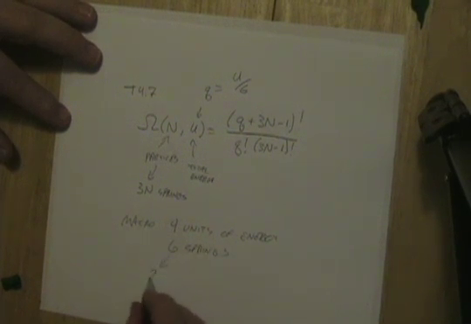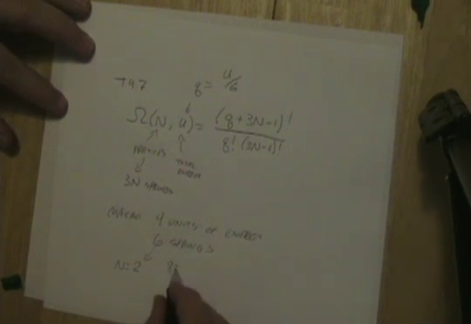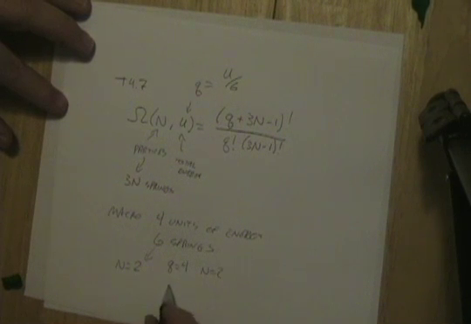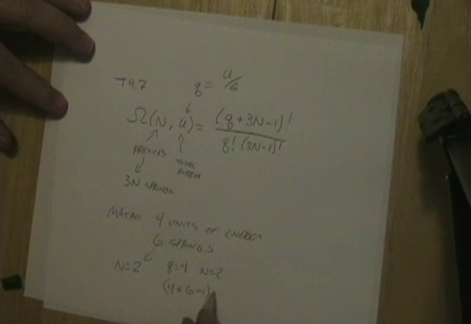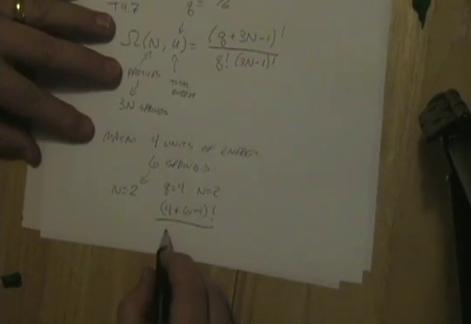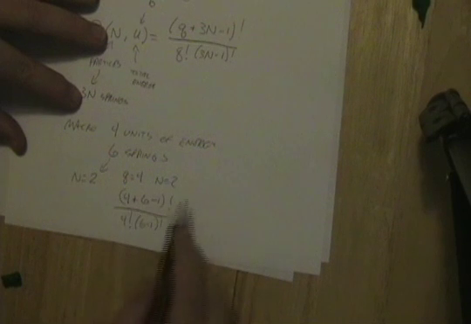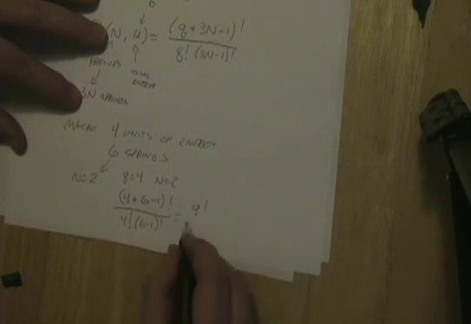Well, 6 springs we know is 2 particles, so we would have Q equals 4, n equals 2. So we would have 4 plus 3 times n is 6, minus 1 quantity factorial over, I don't know if you can see, so I'm pushing this up, Q factorial is 4 factorial times 6 minus 1 factorial. So this ends up being 9 factorial over 4 factorial times 5 factorial.